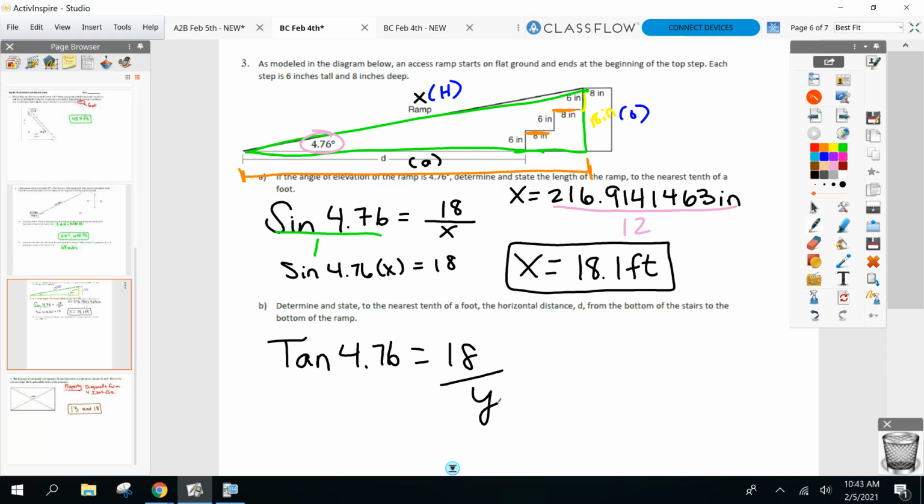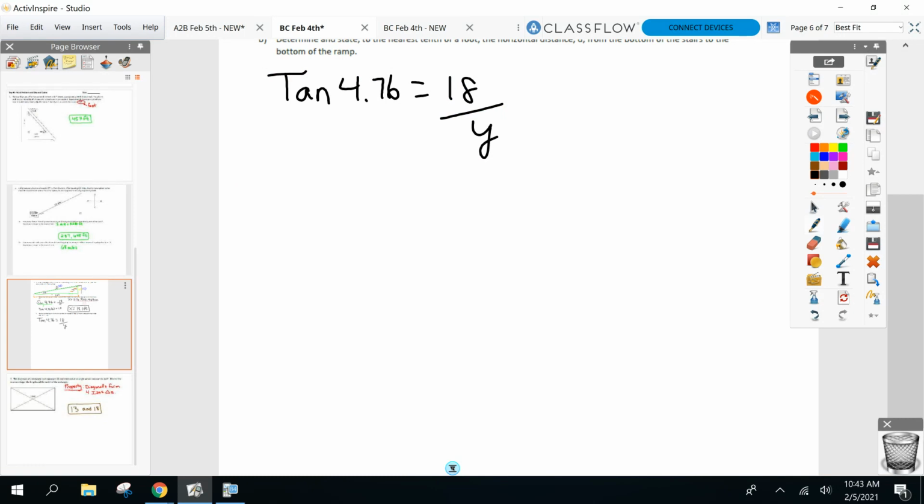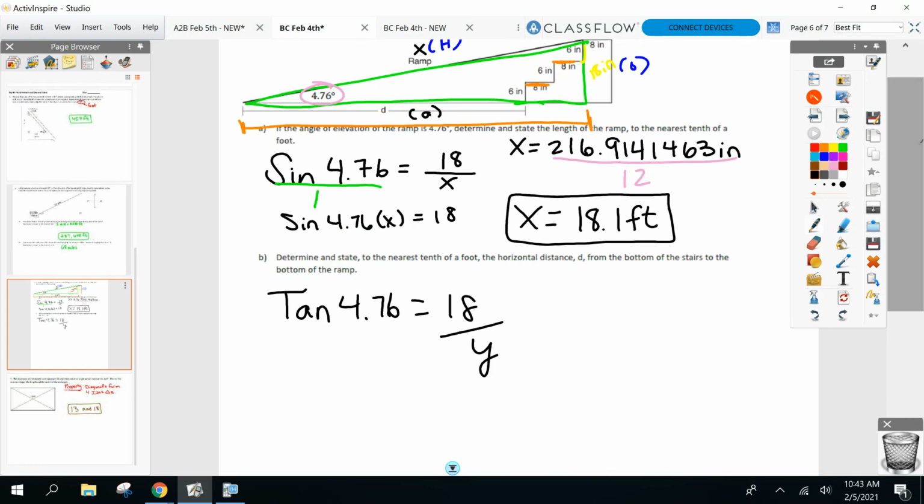And then we still got some work to do at the end here. So I can cross multiply again.